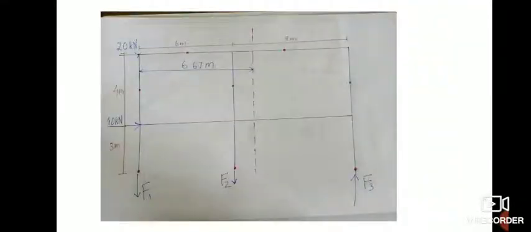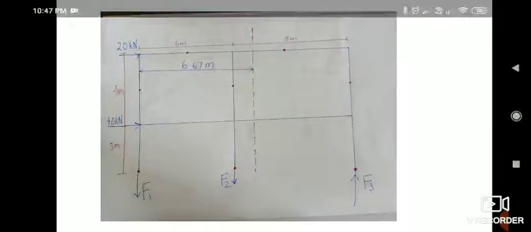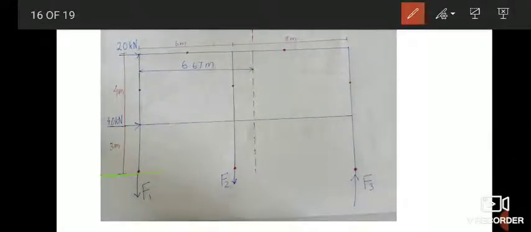Now we have to move to the next story level. So you have to cut at the next story level. I have cut at the next story hinge level. Here again you have to mark f1, f2 downward tensile and f3 compressive.